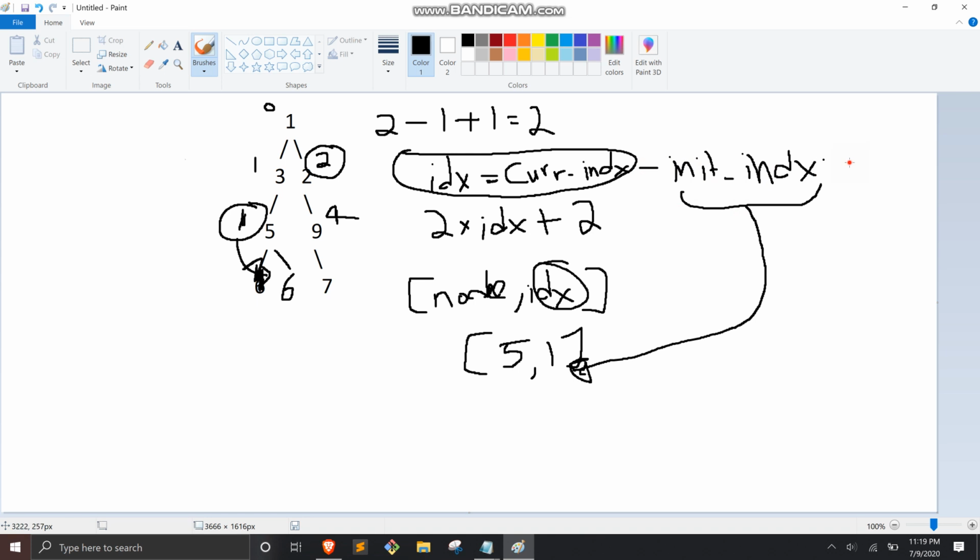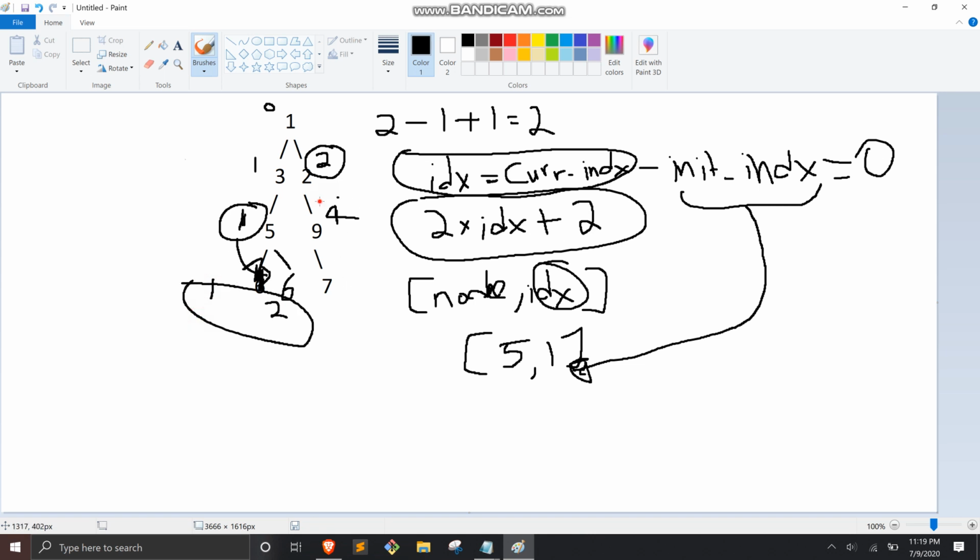So basically this is equal to 0, is what I'm saying. So when you do this, you're going to get 2. So this one is 2. And anytime you go to the left, it's always going to be a 1. So you're either going to have a 1 or a 2 on the left. And on the right side, you have this 4. But because you take 4 minus 2, you get 2 for the idx.